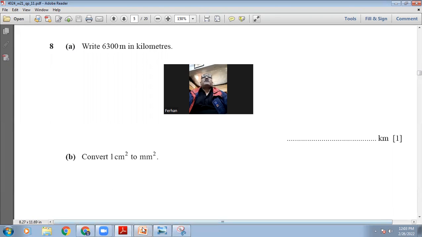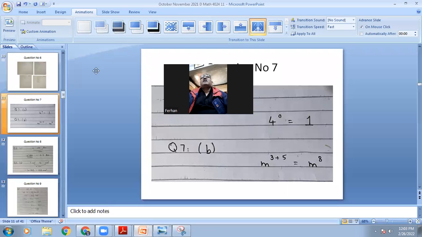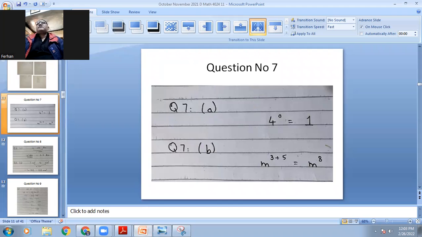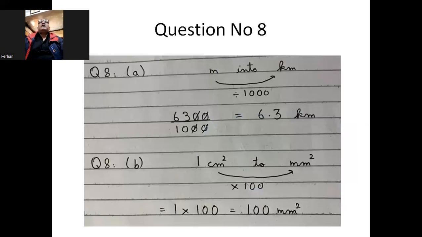So when you divide by 1000, here we go. 6300 divided by 1000, the zeros will be cancelled. So 63 by 10, the decimal will move 1 step to the left.